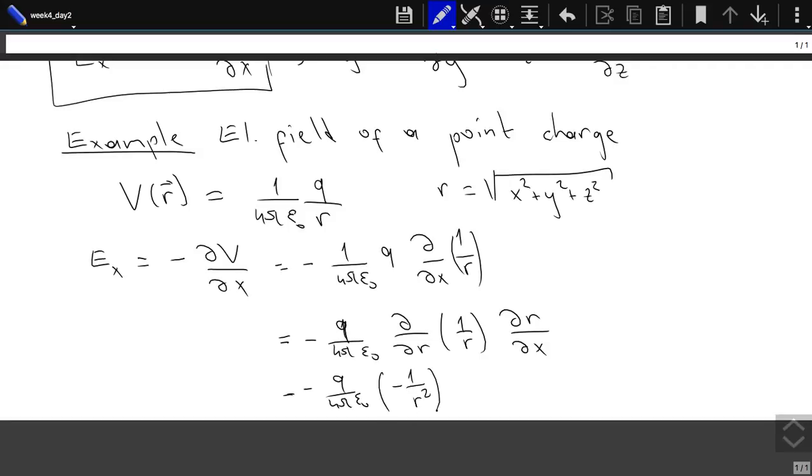Now we have to take the derivative of this expression with respect to x. Again, we can just use the chain rule. The derivative of this thing with respect to its argument, x squared plus y squared plus z squared, gives me 1 over 2 square root of x squared plus y squared plus z squared, times the derivative of x squared plus y squared plus z squared with respect to x, which gives me 2x.